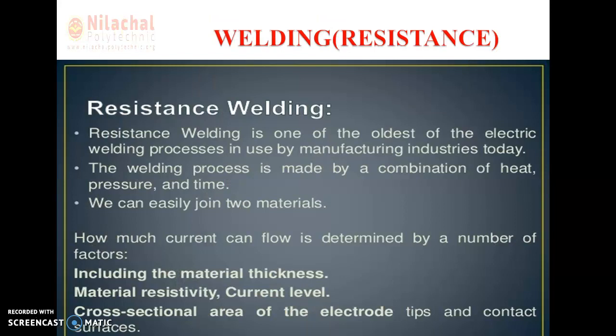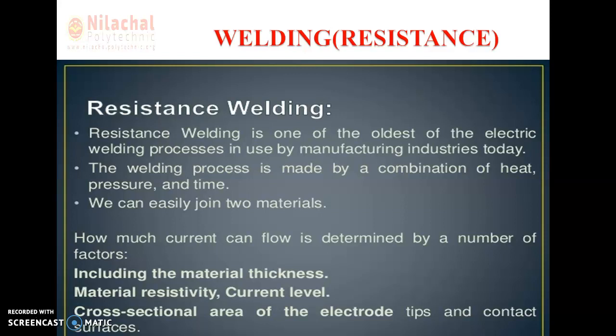Resistance welding is one of the oldest of the electric welding processes used by different manufacturing industries today. The welding process is made by a combination of heat, pressure and time.